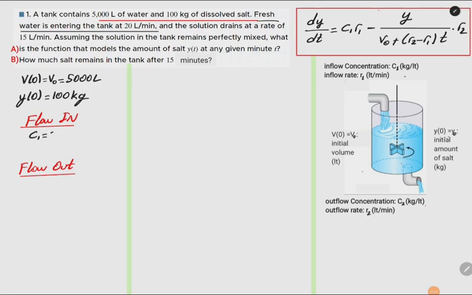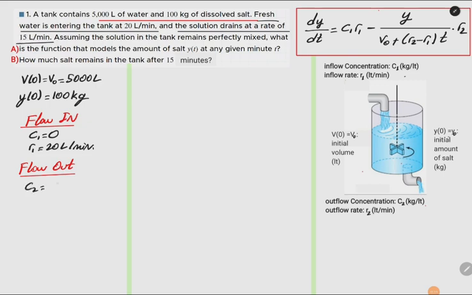So C1 is equal to 0 and its input flow rate is 20 liters per minute, which is R1. And this solution drains, which means it goes out, with a rate of 15 liters per minute.